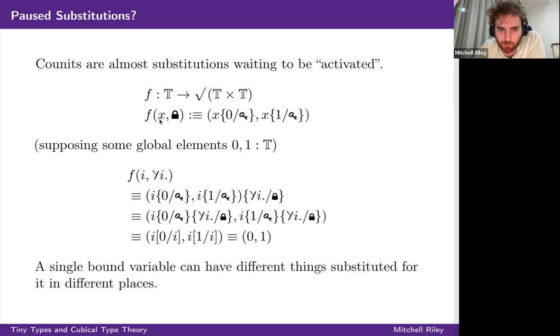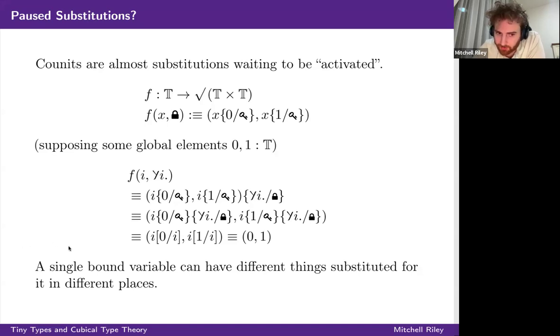So if you imagine a term like this, where we take a variable, we lock it, and then we use two different terms to unlock the same variable, supposing we've got a 0 and 1 around, then when you evaluate this, we amazingly create this argument and plug it in for x, then the unit matches with these two different instances of the co-units, and we end up substituting two different things for I in the two places that it occurs.